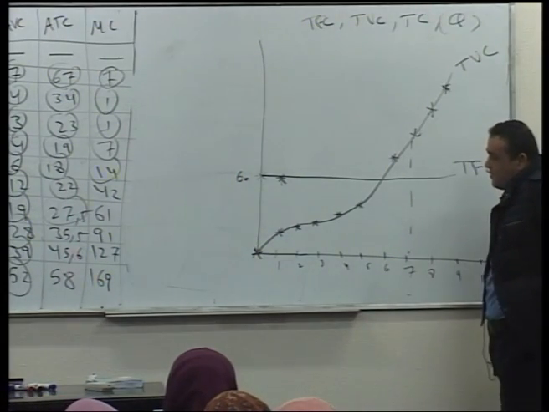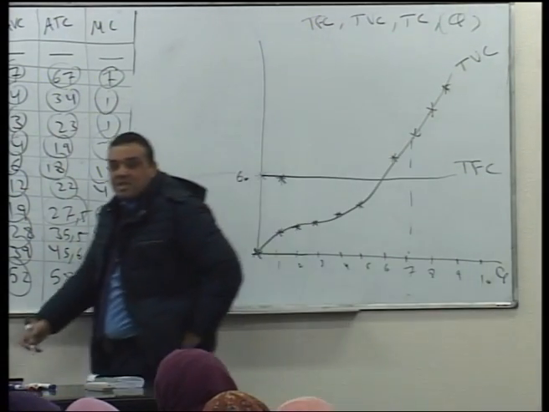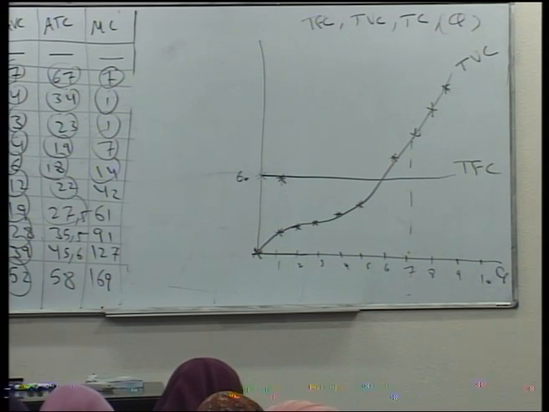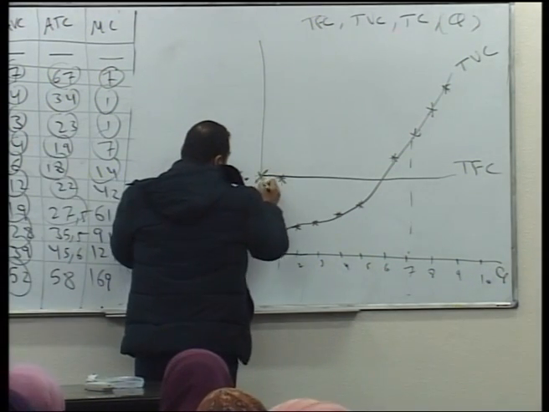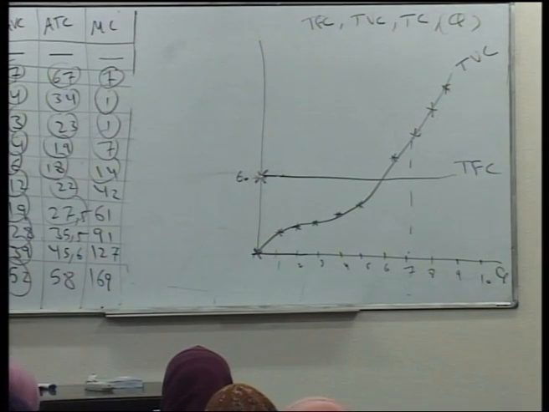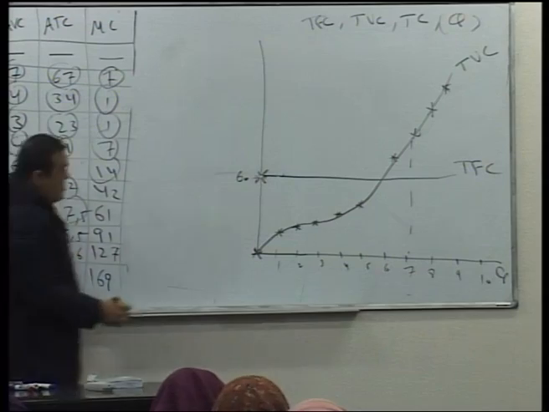TVC. What about the total cost? At Q equals 0, how much is the total cost? 60. Do you see? At Q equals 1, how much is the total cost? 67. So it can come here like this.